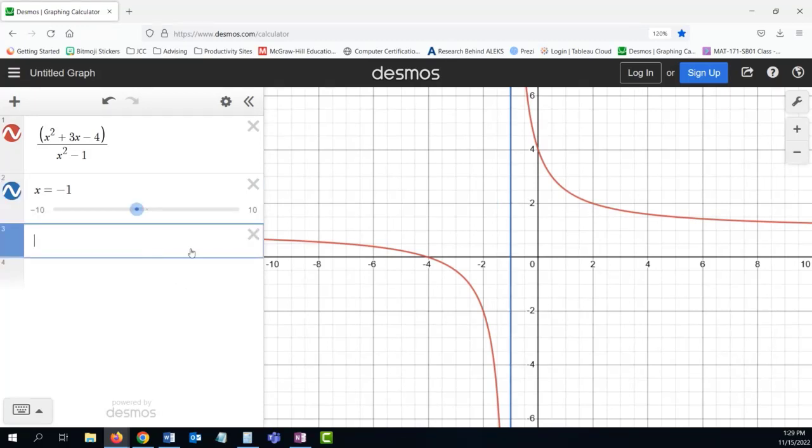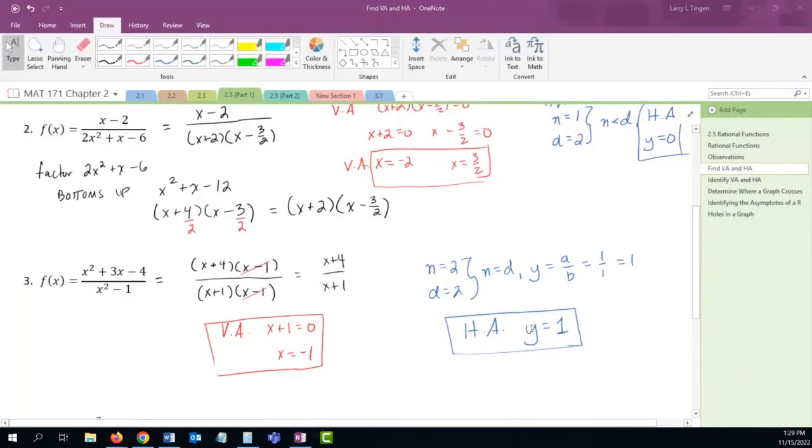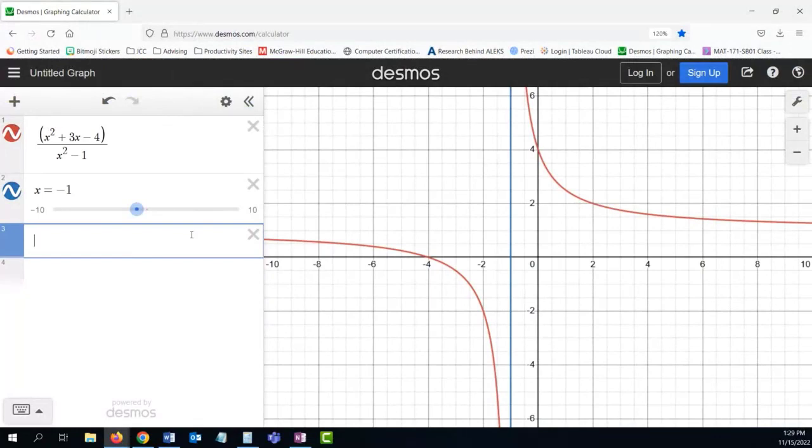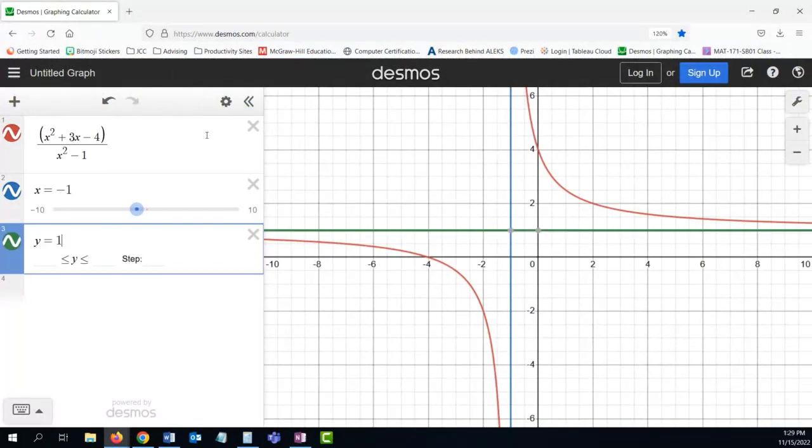What does a horizontal asymptote look like? Well, we said this problem had a horizontal asymptote of y is 1. So what does y equal 1 look like? Well, that's a horizontal line. So vertical asymptotes are vertical lines, x equals some number. Horizontal asymptotes are horizontal lines, y equals some number. A function is allowed to cross a horizontal asymptote, because horizontal asymptotes are really just there so that I can determine the end behavior of my function.